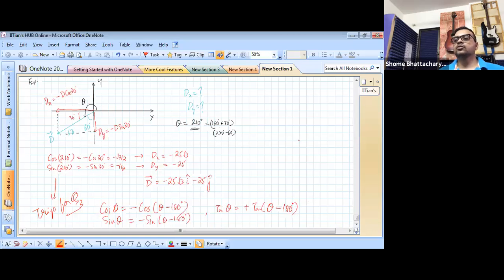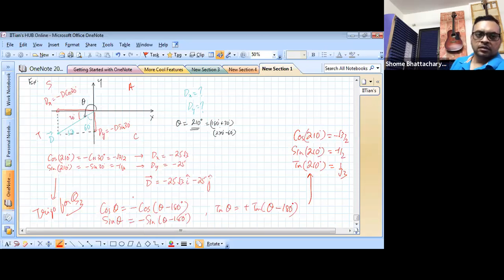So that is why, for example, cos of 210 degrees here becomes minus root 3 by 2. Sine of 210 is minus half, but tan of 210 will be plus of 1 by root 3. So you have that ASTC rule which you must have studied in trigonometry and maths. In the third quadrant tan is positive. So you can see the justification of that from vector algebra. So hope this example is also clear to you.